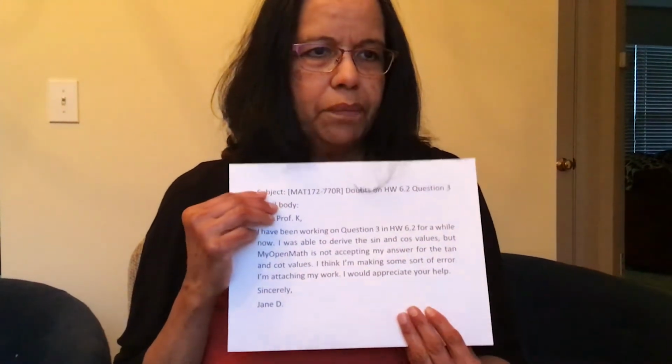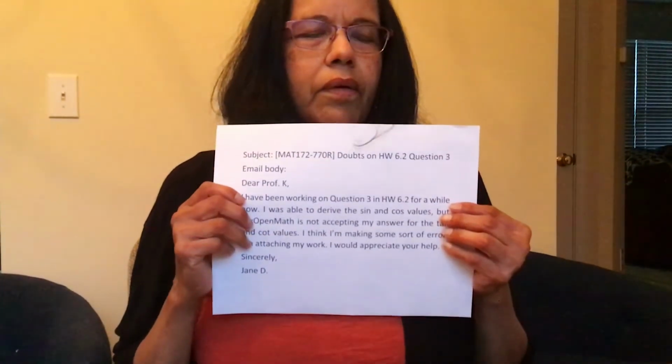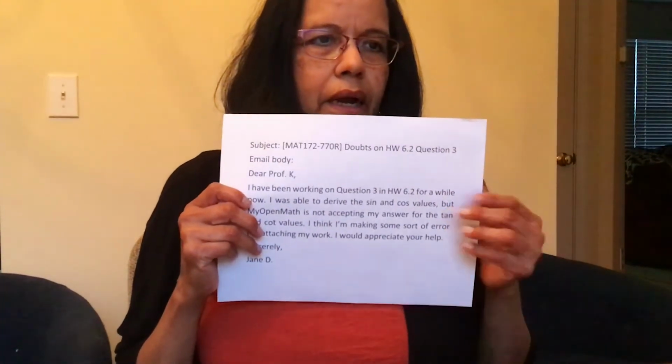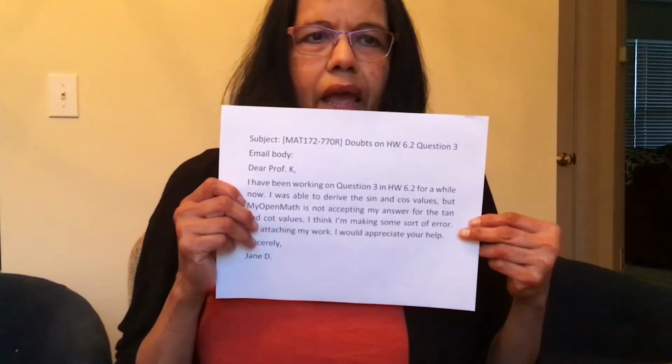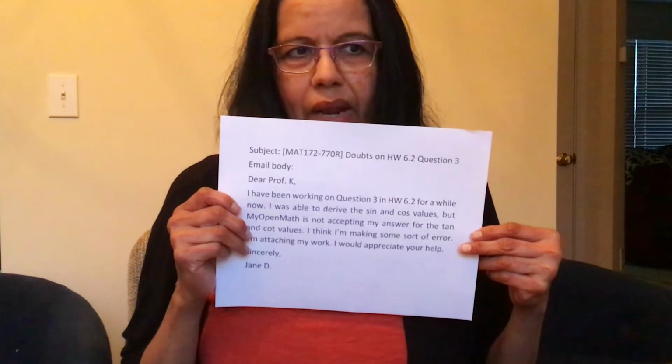Okay, so here, the subject line says, "Math 172 770R, and doubts on homework 6.2 question number 3." And in the body of the email it starts with, "Dear Professor K, I have been working on question number 3 in homework 6.2 for a while now.